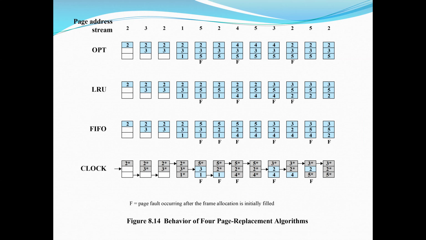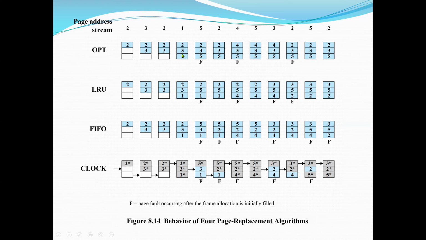The diagram here gives an example of the optimal policy. Here we have all the methods: the optimal, least recently used, FIFO, and the clock. Here we have a fixed frame allocation, or resident set size, for this process of 3 frames. The execution of the process requires references to 5 distinct pages.